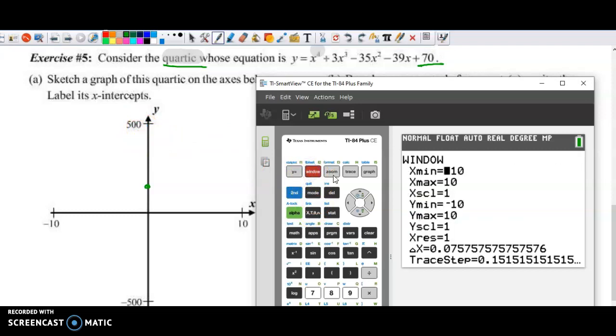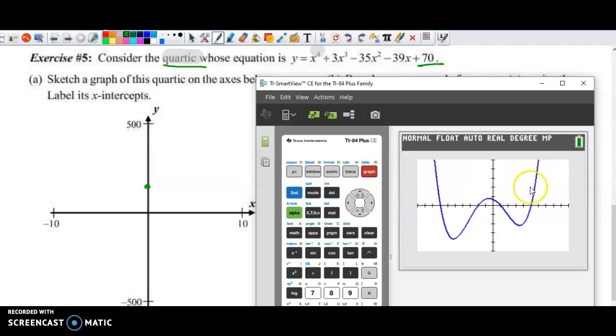And you definitely want to change your window to have it look like the problem, going from -10 to 10, but then down to -500, up to 500. And it might help you to count by hundreds, so that way your x and y axis isn't that busy. So if you're confused why I'm counting by hundreds, that's why this is 70 right here.